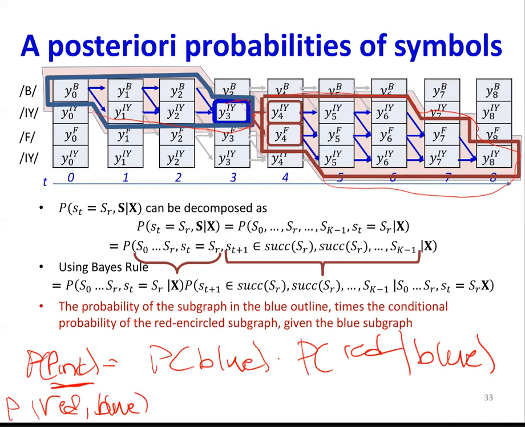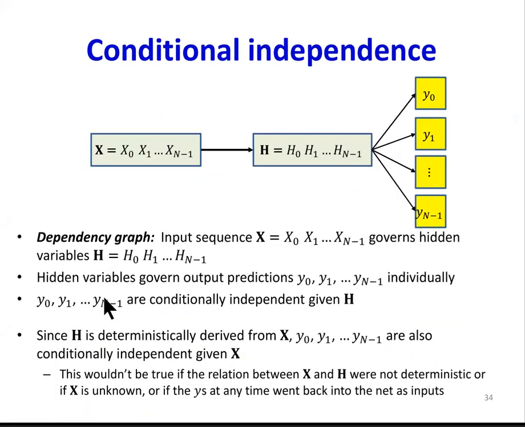This is just Bayes' rule. You want the probability of this graph times the probability of the second graph conditioned on the first graph. This conditioning can be a mess, because what does it mean to condition things in this manner? It turns out it doesn't mean anything. In this particular case, we have something called conditional independence.